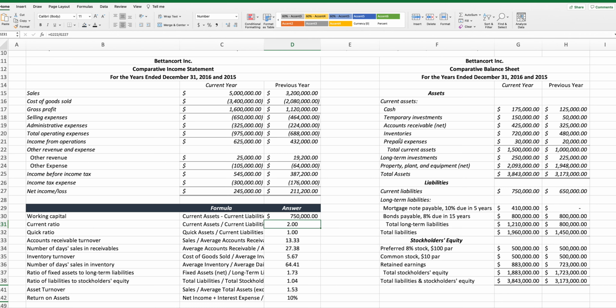Now we want to look at our current assets. You can see that our current assets include cash, temporary investments, accounts receivable, net, inventories, and prepaid expenses.